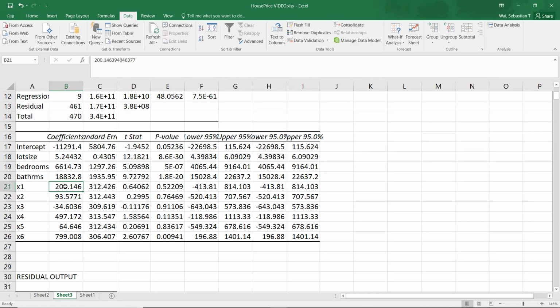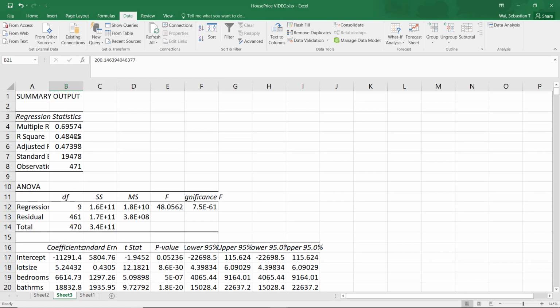You can see here that some of our new variables have a positive relationship, some have a negative relationship with the price. If we go up to our R squared, it's gone up from about 47.3% to 48.4%. If all we pay attention to is R squared, we would come to the conclusion that this second regression is better. It explains more of the variation in house prices.